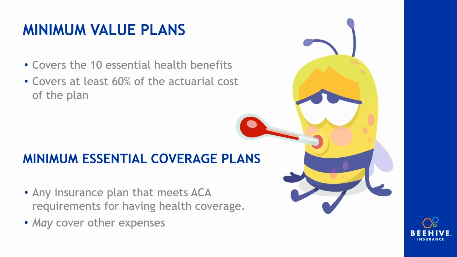So those are technically minimum essential coverage plans. Also keep in mind, minimum value plans are all considered MEC. So that will come into play when we do the penalty section, that all minimum value plans are considered at least MEC because they are better. It's like saying 100% is always larger than 5%.